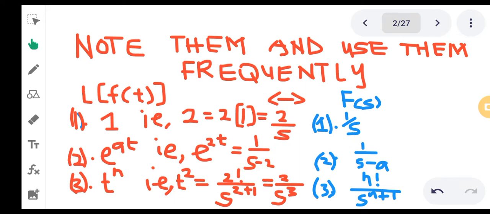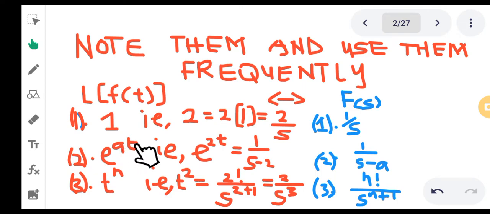For example, if the question says find the Laplace of 2, you know that 2 can be written as 2 times 1, and the Laplace of 1 is 1 over s. So 2 times 1 over s gives you 2 over s. It's very, very simple.